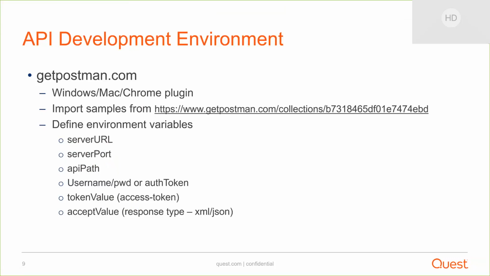Yeah, that's an advantage. For using the REST API, obviously you have to define some of the variables that we already talked about in GetPostman, or even if you're doing it in Java or in shell script, you would have to have all of these variables in some form defined. So it contains the server URL, the port, the API path that we already looked at, username, password, if that's how you log in, or the auth token.